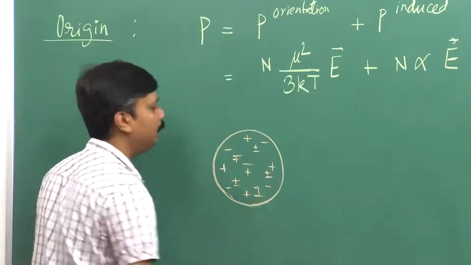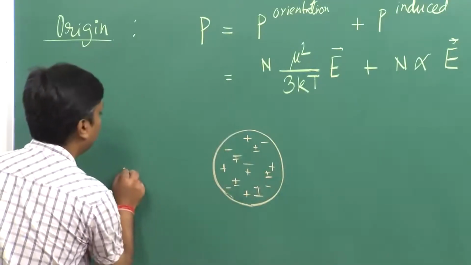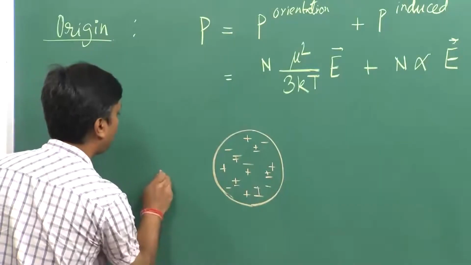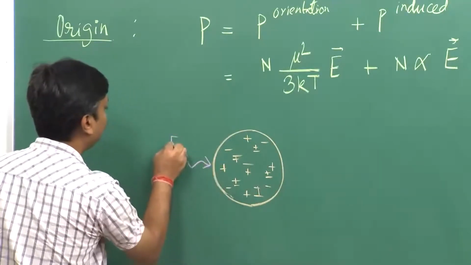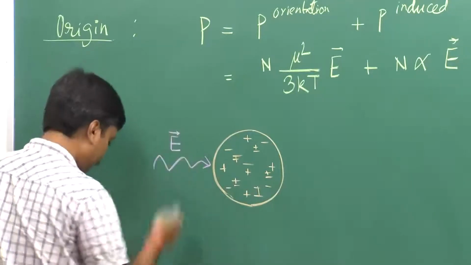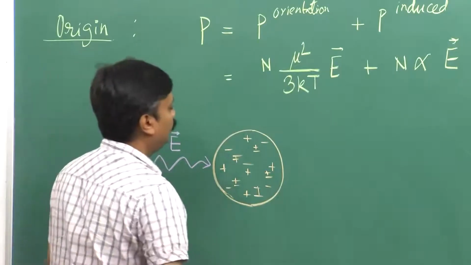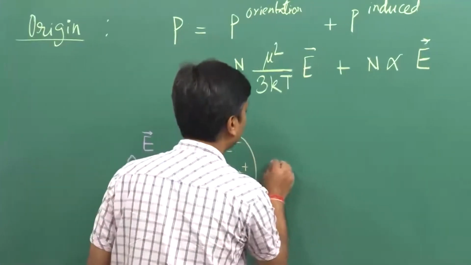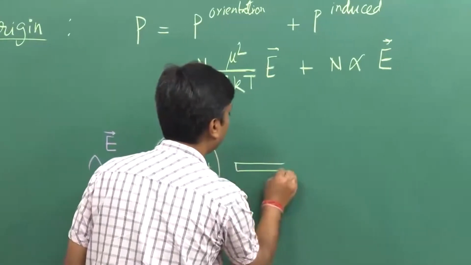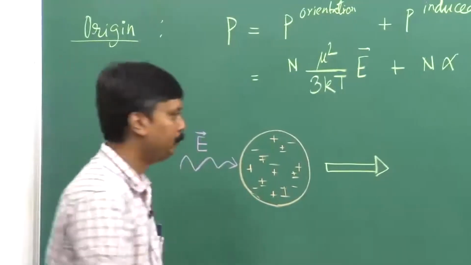So it's very much isotropic in nature. Now when I have an input light coming, associated with an electric field E, the response is the creation of an anisotropy, right.